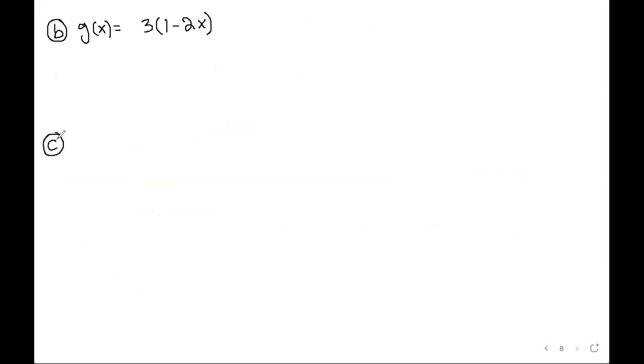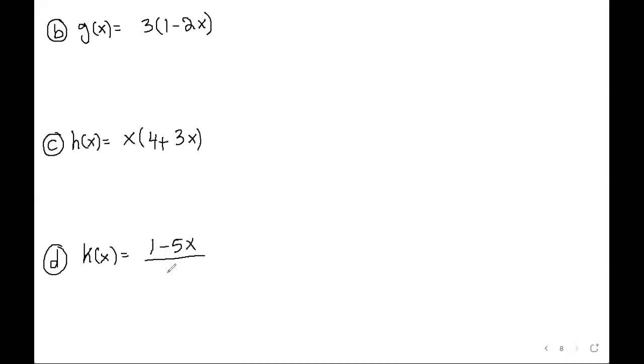C, h of x equal x times 4 plus 3x. And D is h of x, g of x equal 1 minus 5x over 4.